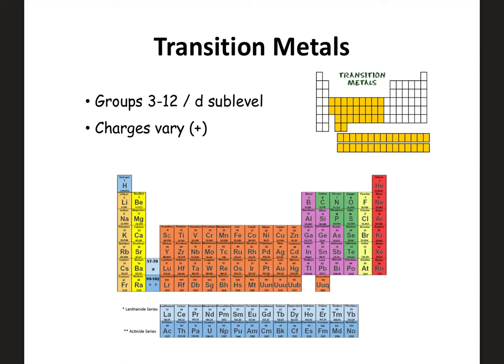They're all the d sublevel. Their charges can vary, so we don't know if they're going to be 1+, 2+, or even sometimes multiple charges, but we know they're going to be positive because metals all form cations, or a positive charge. So we don't know the exact charge, but we know they're going to be positive, and the d block here is going to be the transition metals. So definitely label them on your periodic table.